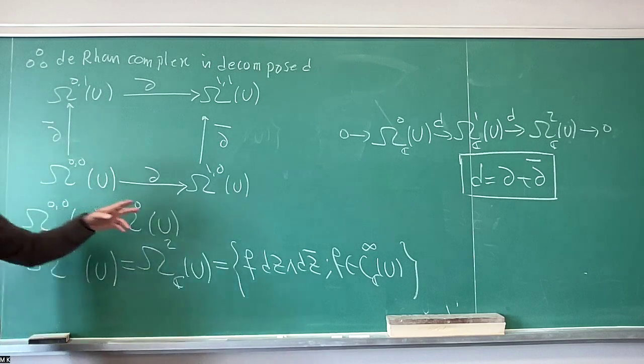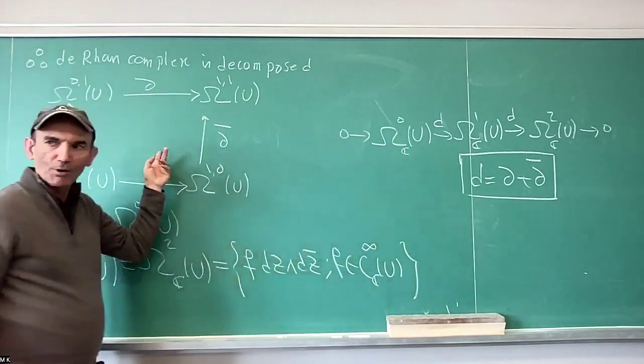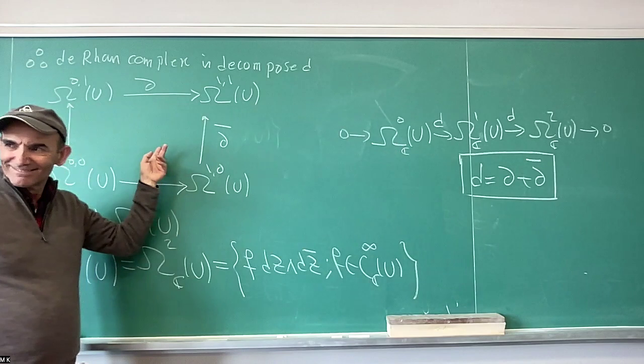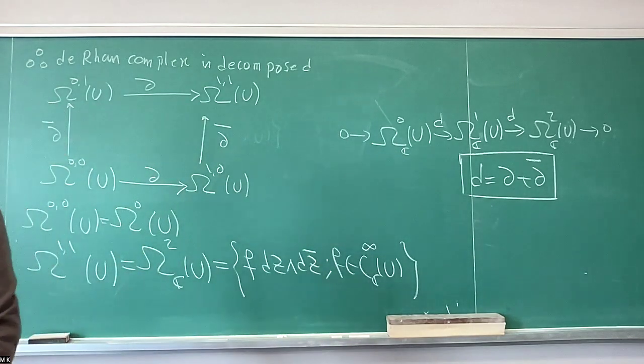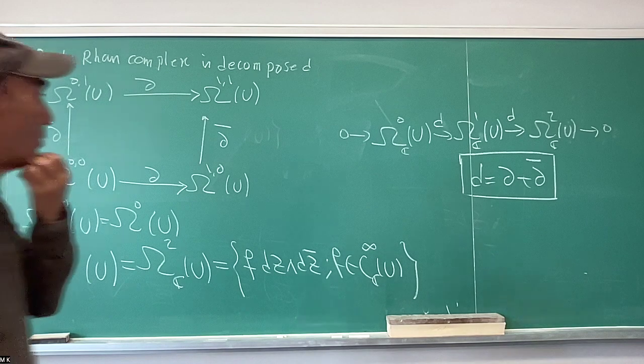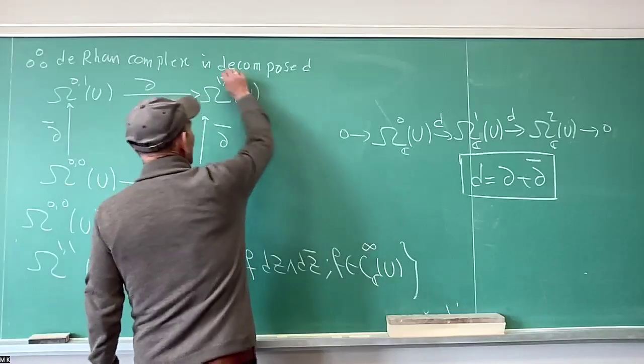So you see the relation between this complex and this double complex. Yes, what's happening to the zeros at the end? The zero at the end of the previous one? Oh yeah, if you want, you can just say this goes to 0 and this also goes.